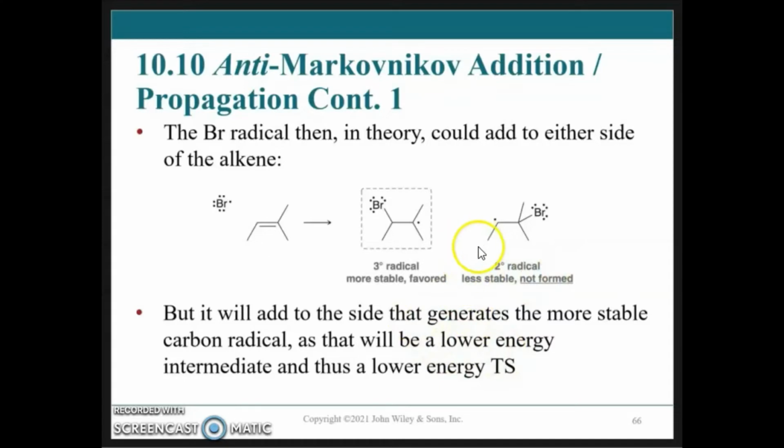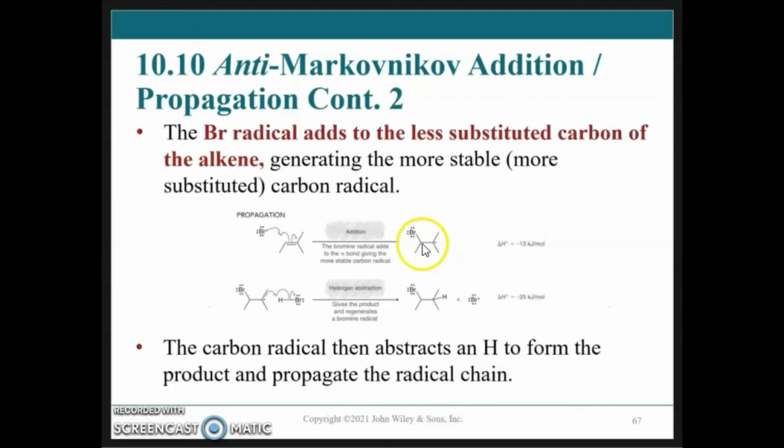So this is the explanation for the anti-Markovnikov addition through the free radical mechanism. So we see this more stable tertiary free radical formed, and then the carbon radical is able to abstract a proton from HBr to form our addition product and regenerate the bromine radical in this propagation step.